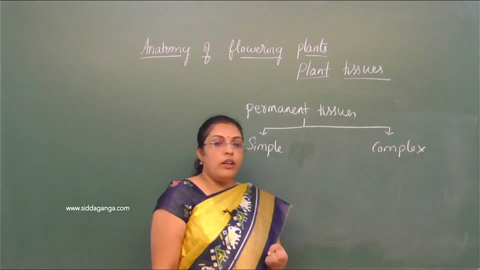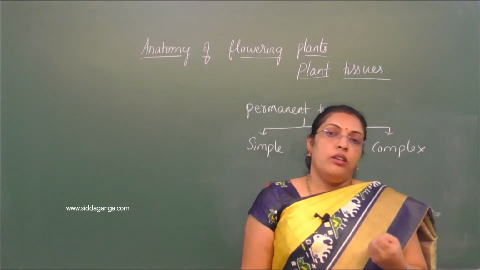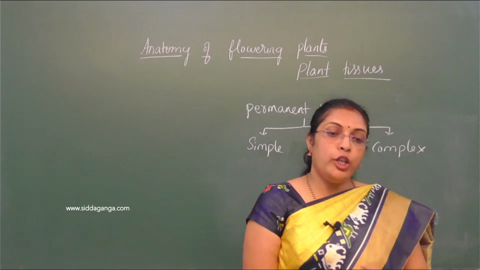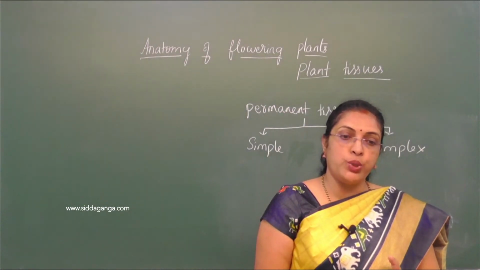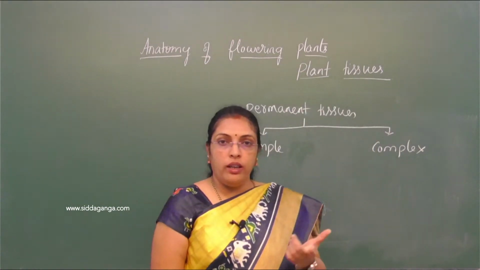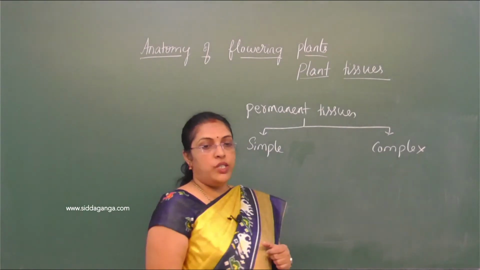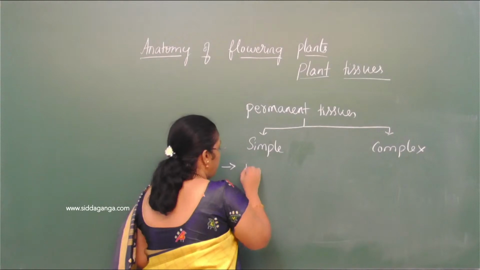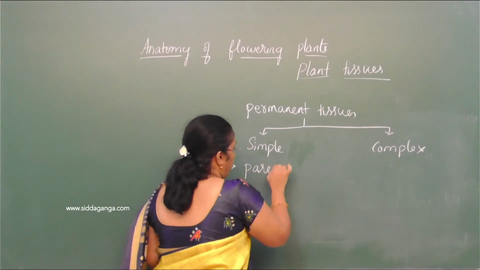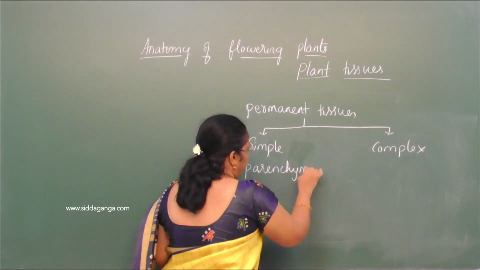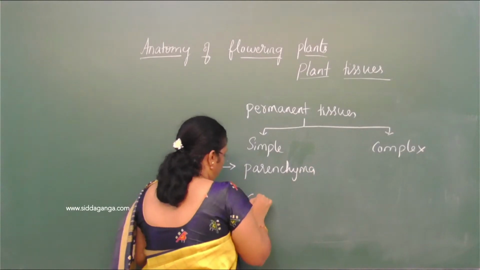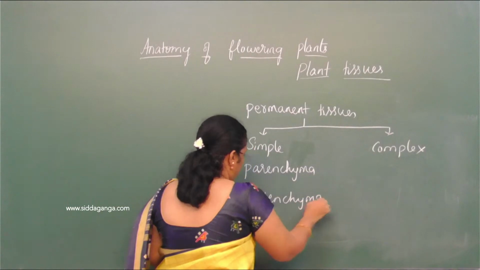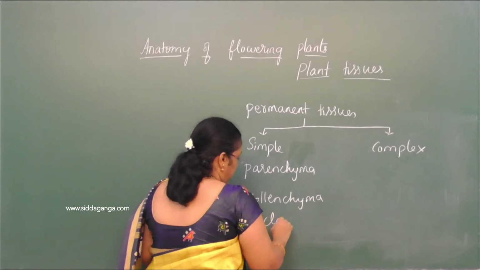Can anyone tell the complex tissues? Two types of complex tissues are there, which you already read in your 9th standard. In simple permanent tissue, as you told, we have three types: parenchyma, collenchyma, then sclerenchyma.